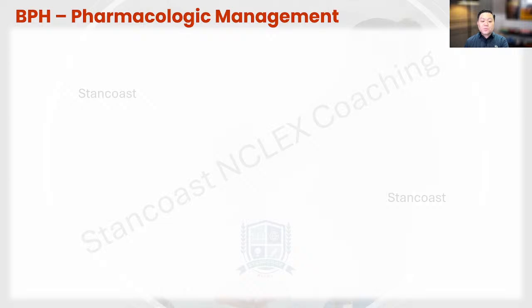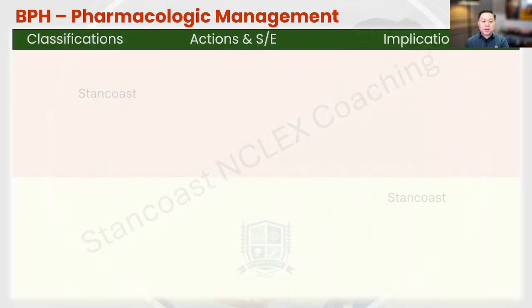Now, we're also going to talk about the management here, and hang tight because we're going to talk about the pharmacologic management. And so we'll start with the first classification, which is the alpha adrenergic receptor blockers. And this is actually considered as one of the antihypertensive medications.